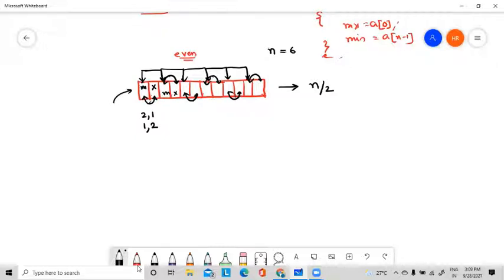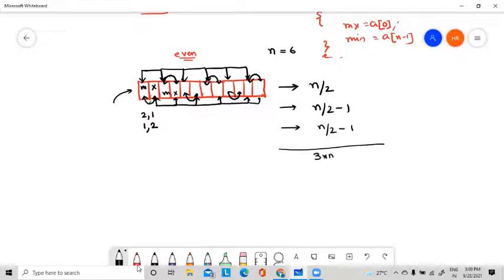So how many comparisons are required to select the minimum? n/2 minus 1. Then, since I have already put the maximums in these positions, I will check these positions to search for the maximum element. How many comparisons are required? n/2 minus 1. So if I add all these 3, it becomes 3n/2 minus 2.